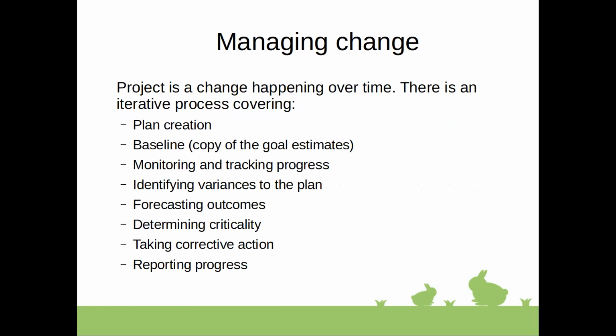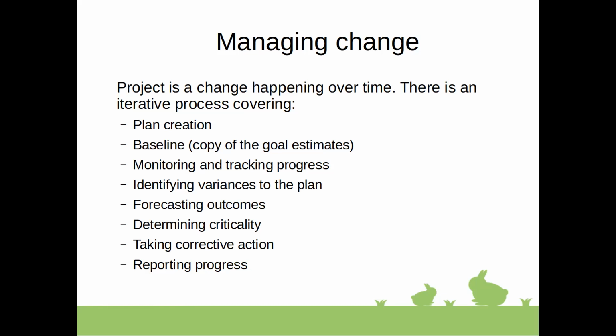You start with creating a project plan. You define the project baseline, which is a copy of goal estimates. You establish monitoring and tracking progress and identify what the variances to the plan are compared to the baseline.